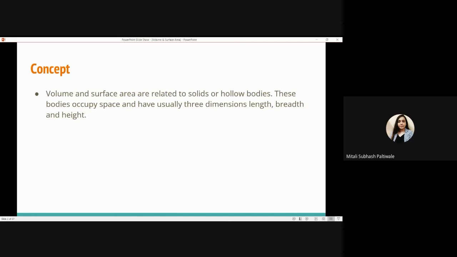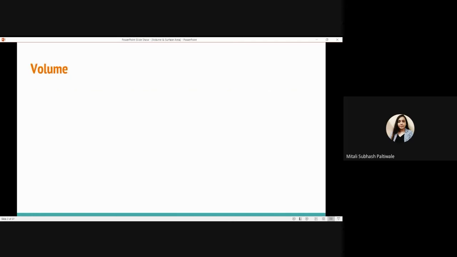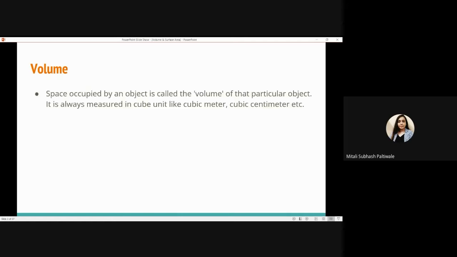Now let's see what exactly a volume is. Volume is nothing but the space occupied by the body. We will always measure volume in cube units, such as cubic meter or cubic centimeter.